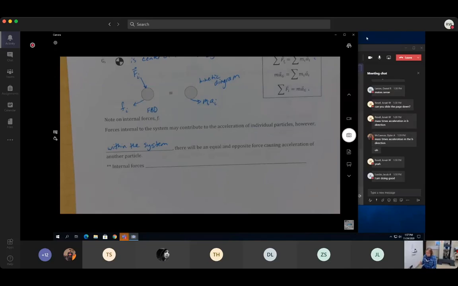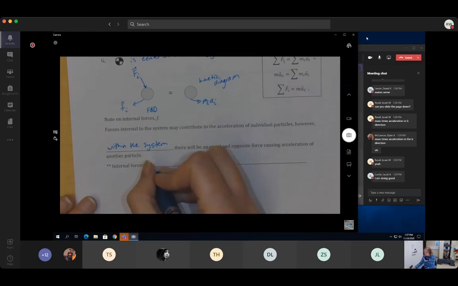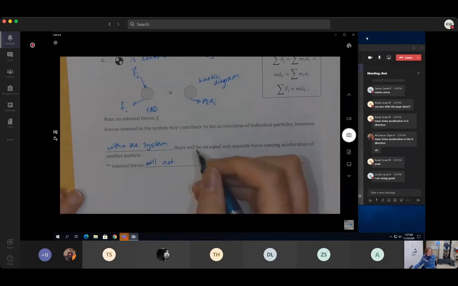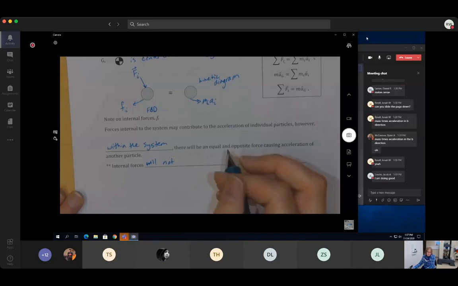So we end up with this equal and opposite force causing acceleration of some other particle. And so our internal forces will cause motion of individual particles within the system, but they're not going to contribute to acceleration of the overall system.